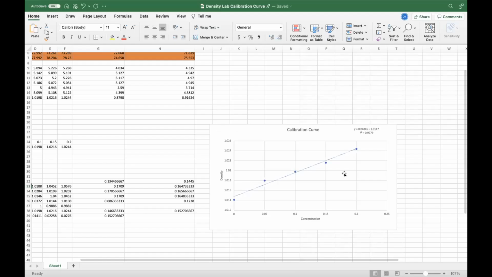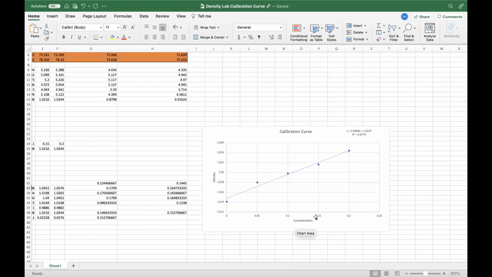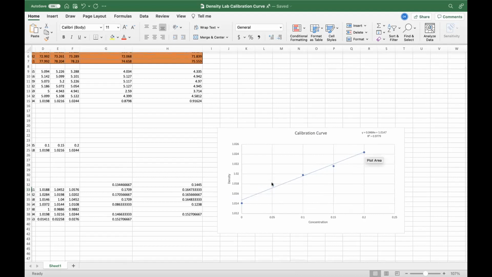Okay, and if I share here. Okay, so right here, here's our calibration curve. And most of the values are pretty close. Go ahead and take 0.05.